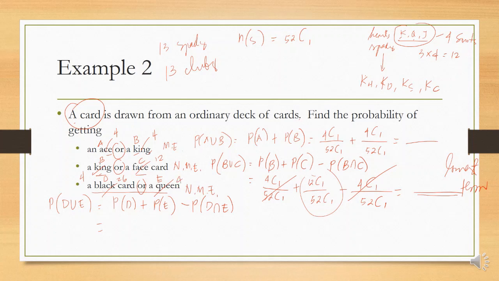So, meaning we have 26 combination 1 over 52 combination 1 plus 4 combination 1 over 52 combination 1 minus how many queens na black tayo? So, yun nga, no? Queen of spades and queen of clubs. So, 2 combination 1 over 52 combination 1. That will be your answer.